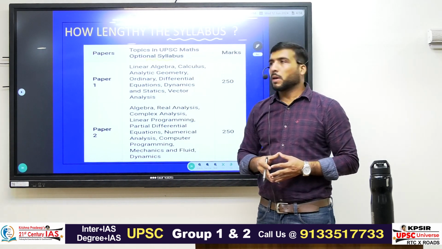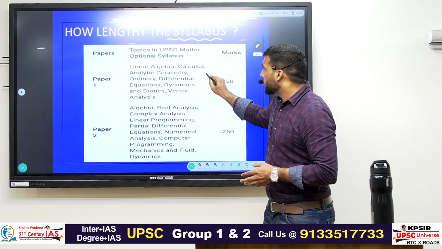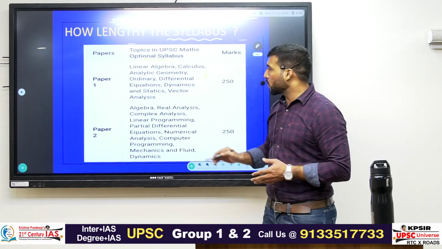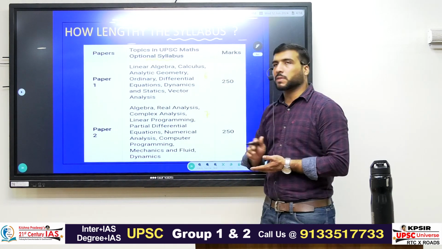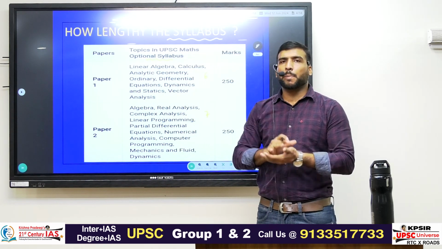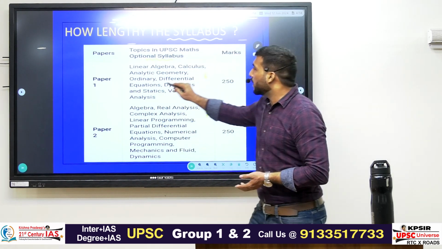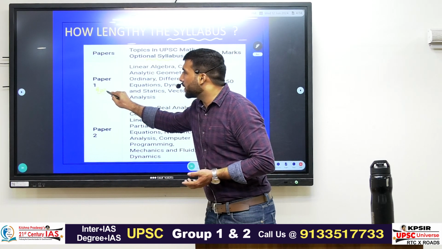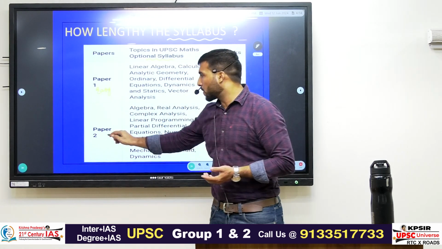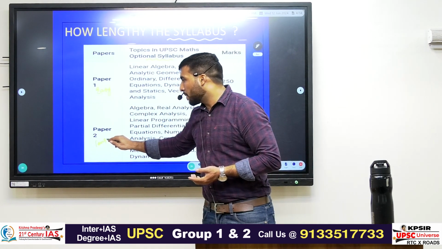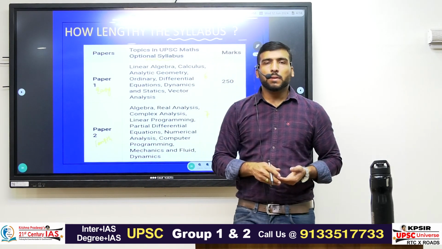In paper 1, you will have around 6 chapters. In paper 2, you will have 7 chapters. Paper 1 is a little easy to score, and paper 2 is a little lengthy but still scoring.